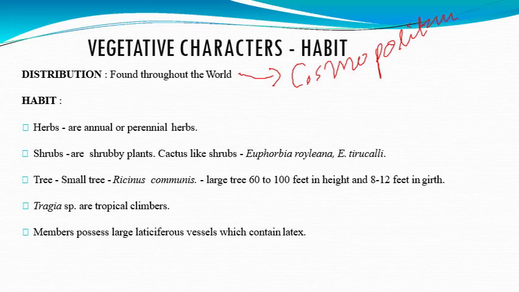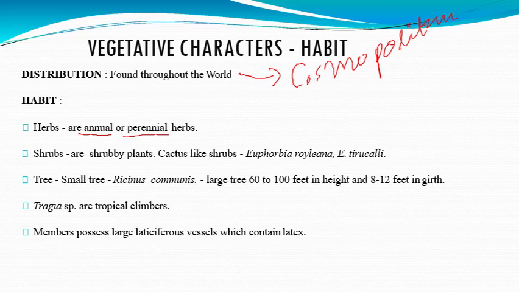Those herbs that live only for a single season, we call annual herbs. And if these plants live for two growing seasons, then we call them perennial plants or perennial herbs.